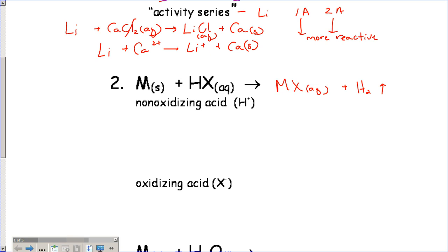You might want to think about your solubility rules here. So we have oxidizing acids and non-oxidizing acids. When I say an acid is a non-oxidizing acid, what I mean is that the hydrogen is what gets reduced. Hydrogen in its compound with a +1 oxidation state goes to the oxidation state of 0 as a gas.